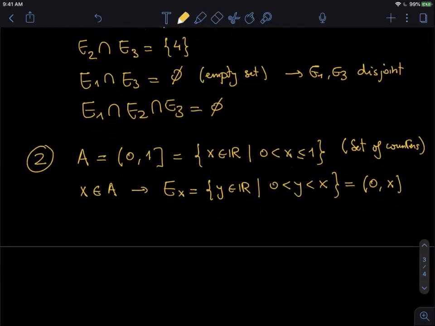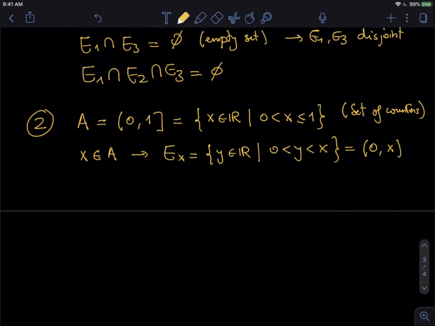With these definitions, we could look at the union, or the intersection. Let's look at the union of all of them, the E_x when x runs through the whole A. What is this union going to be? Let's do a picture to understand what's going on.